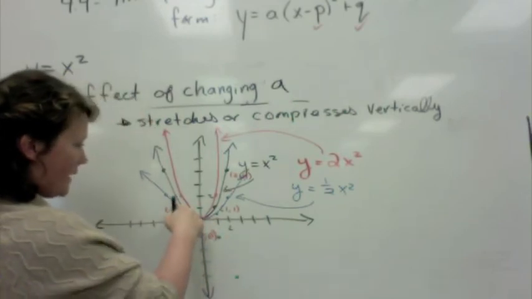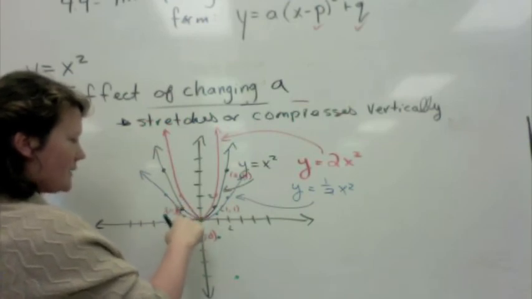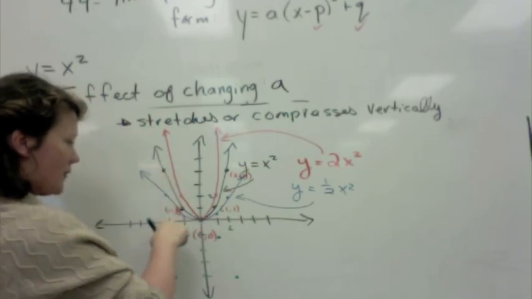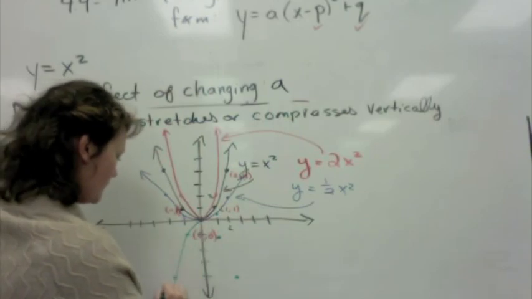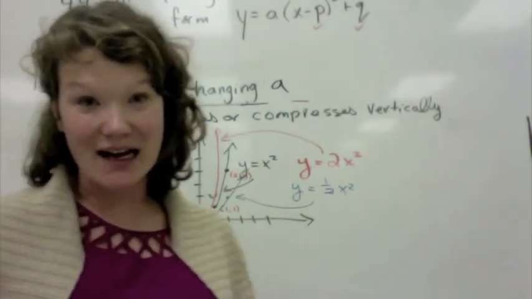I am just taking the point here, so from the x-axis I go up 1, instead I'm going to go down 1. Okay? From the x-axis to here is going to be 4, so I'm just going to flip it and go down 4 instead. We have something that looks like this, and it is congruent, so it is the exact same shape.